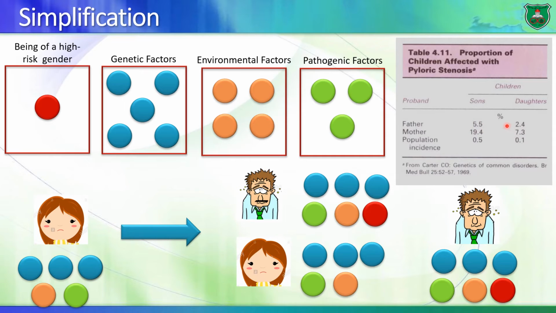The risk of females being affected is also higher than if the father is affected. But still, remember that being male is associated with developing the disease. Also, look at the population. The risk is higher for males than females as well.